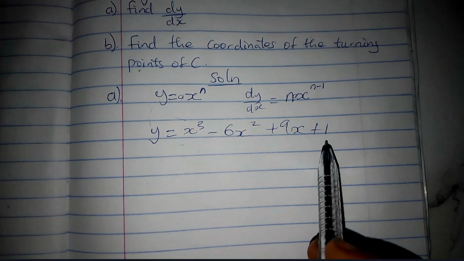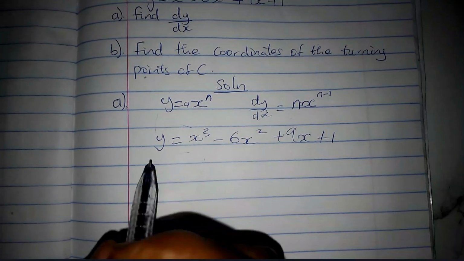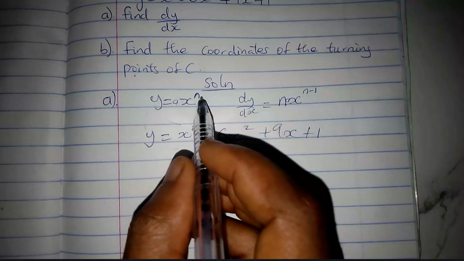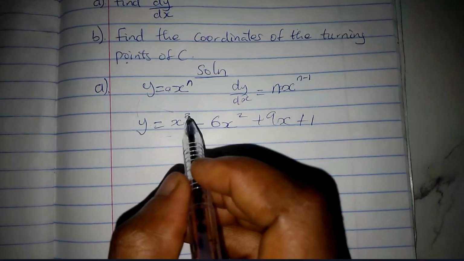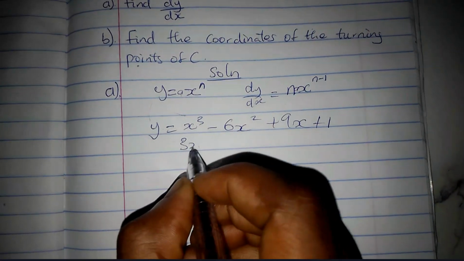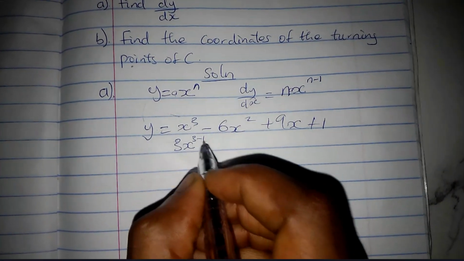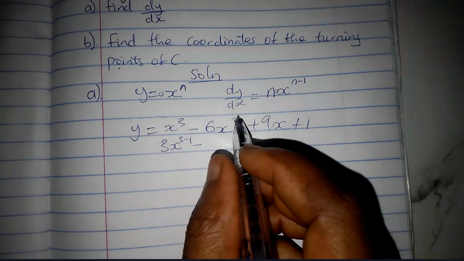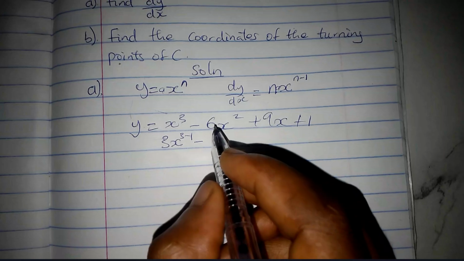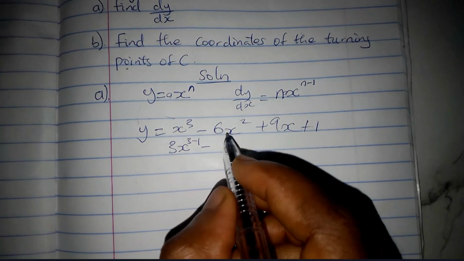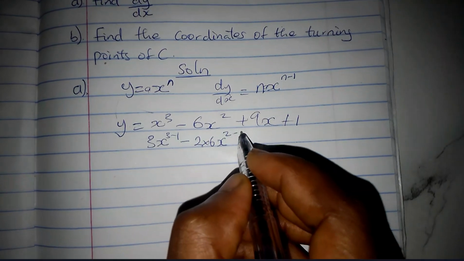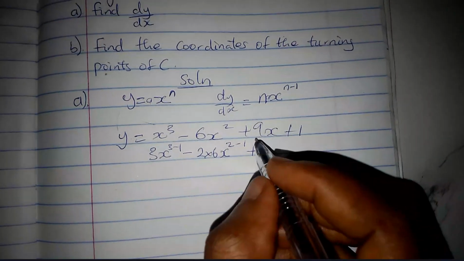In that case, 3 represents n, so it will be 3 times x to the power 3 minus 1, then minus 2 times 6 times x to the power 2 minus 1, plus the same thing here.